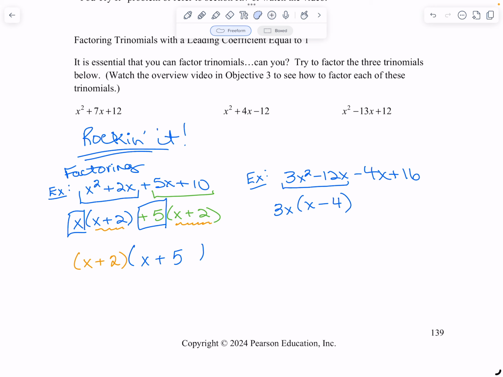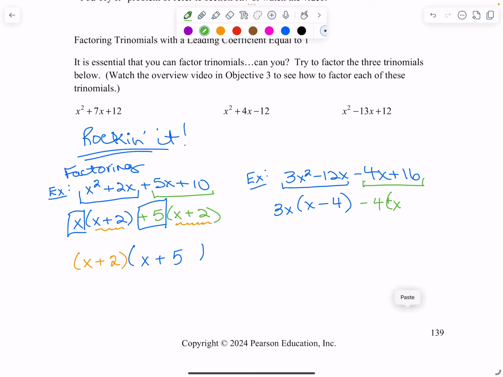All right, now when I start to take out the next thing, I know that I'm going to take out a 4, right? They've got a 4 in common. But the question is, what kind of 4? Well, I really want this to be a positive x. I want it to be x minus 4. So for that to be a positive x, this has to be a negative 4, right?